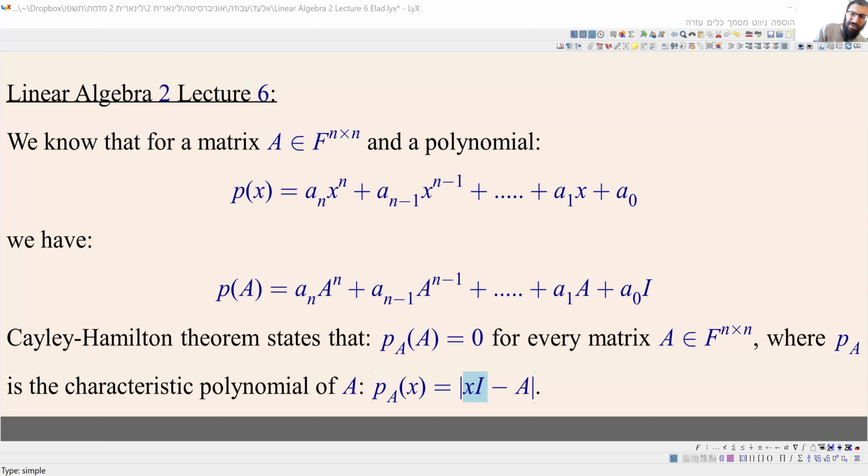And one can discuss the way to prove it when we look at p_A as an explicit polynomial, I mean a_n x to the power of n, etc. We can discuss.